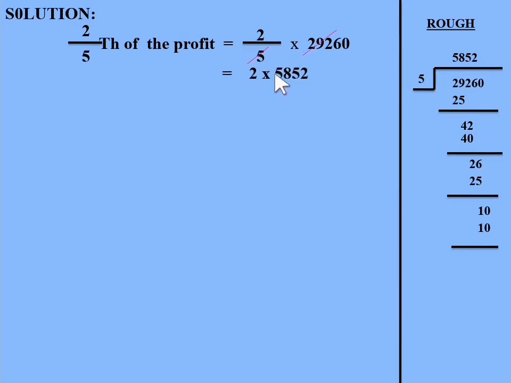Now this 5,852 is to be multiplied by 2. Let's multiply here. So we get 11,704.